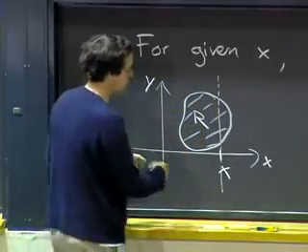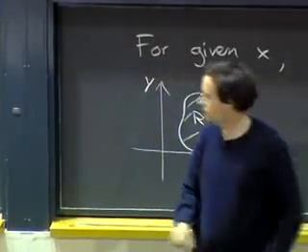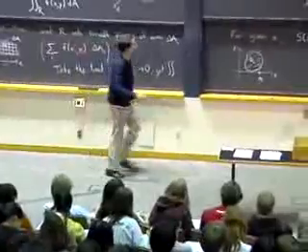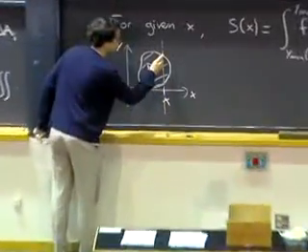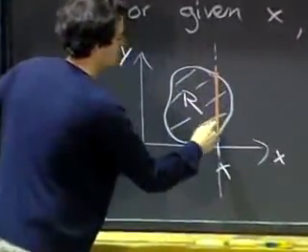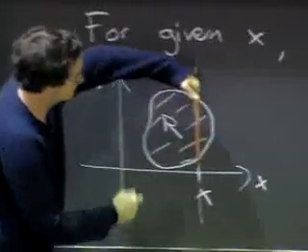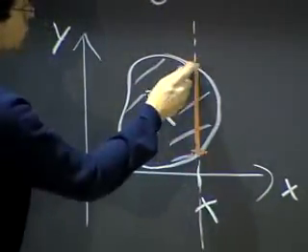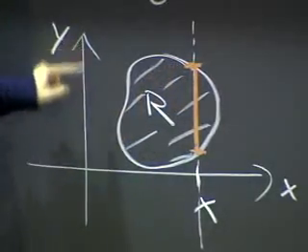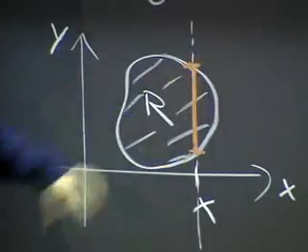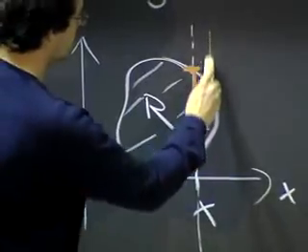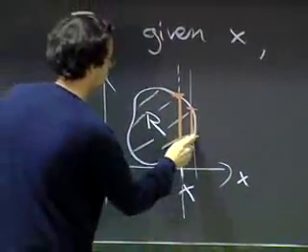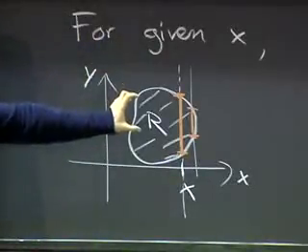To do that, I have to integrate for y going from here to here. I want the area of the piece that sits above this red segment. In particular, the extreme values for y depend on x, because if I slice here instead, my bounds for y will be smaller.